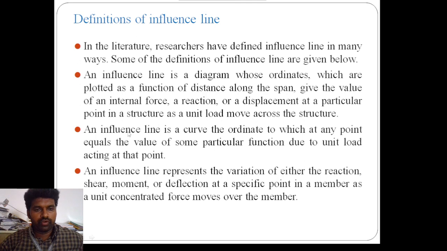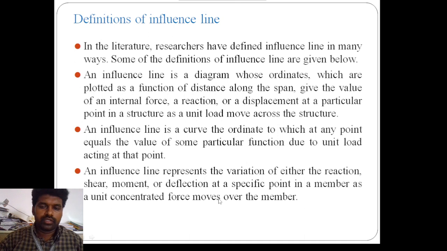An influence line is a curve, the ordinate to which at any point equals the value of some particular function due to a unit load acting at that point. An influence line represents the variation of either reaction, shear, bending moment, or deflection at a specific point in a beam as a unit concentrated force moves over the member.